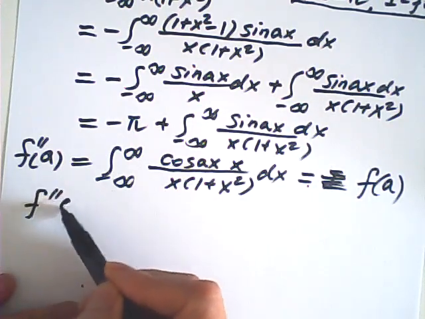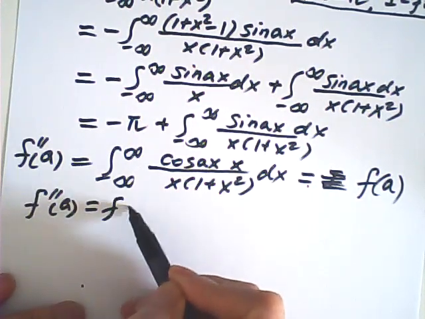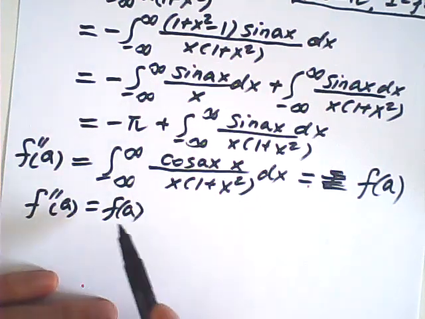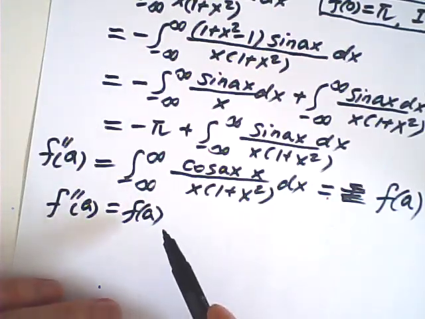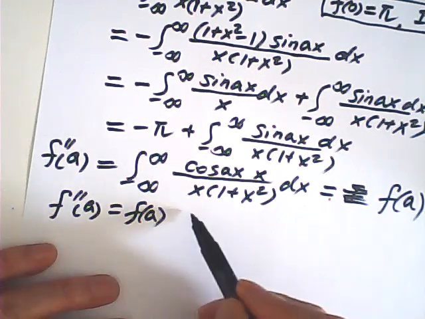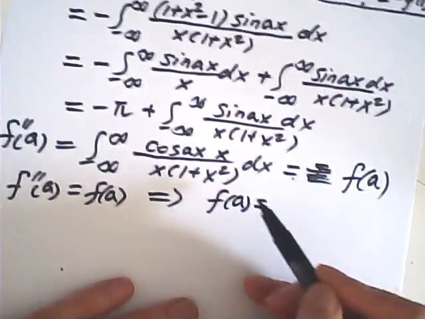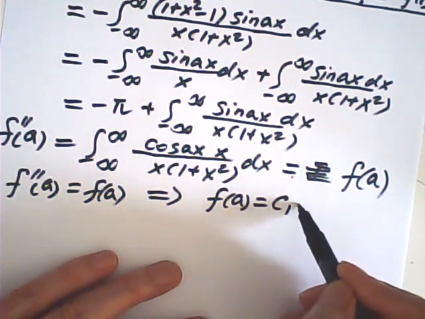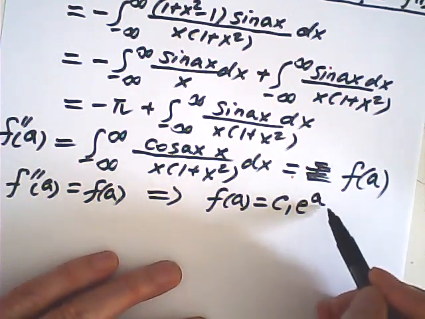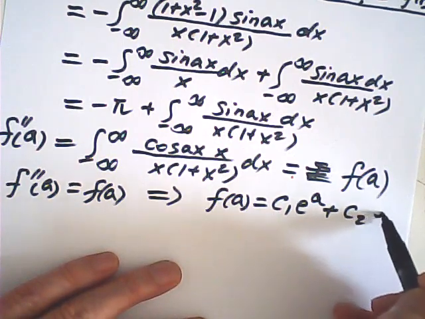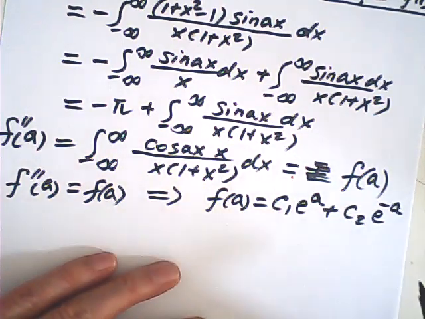So we have a differential equation: f double prime of a is equal to f of a. That is a simple second order differential equation, right? So this means f of a is equal to c1 e to the a plus c2 e to the negative a.